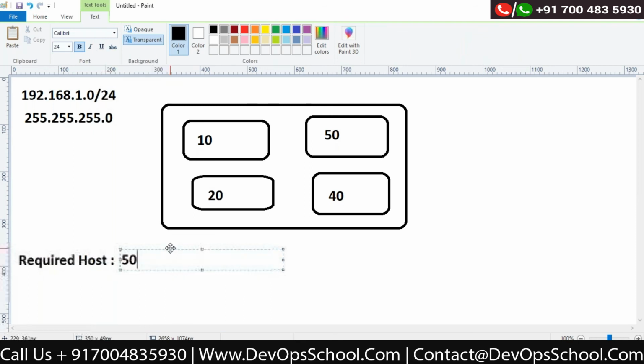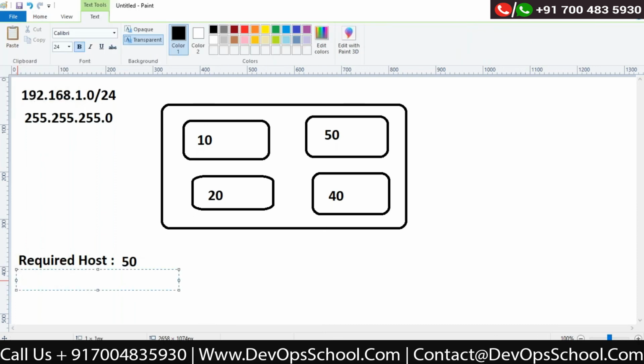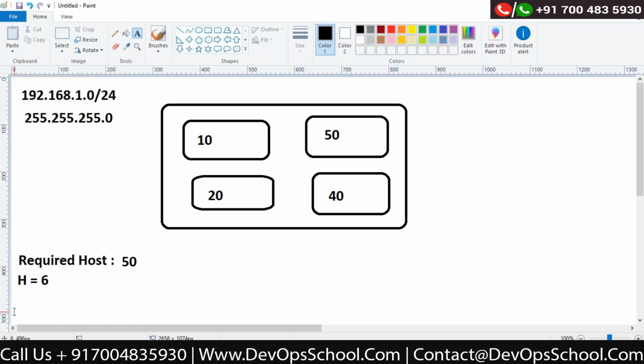Correct? That's fine. Now, who can serve this particular purpose? If I say 2 raised to 4 would be 16, 2 raised to 5 would be 32, 2 raised to 6 would be 64. So my H would be 6. Correct?